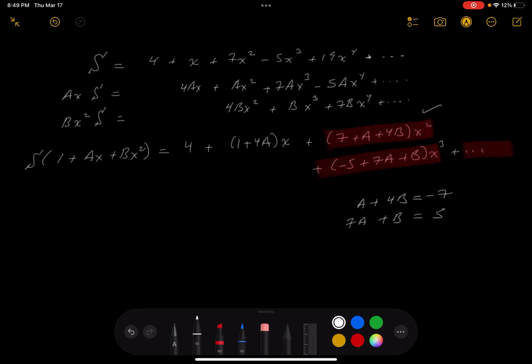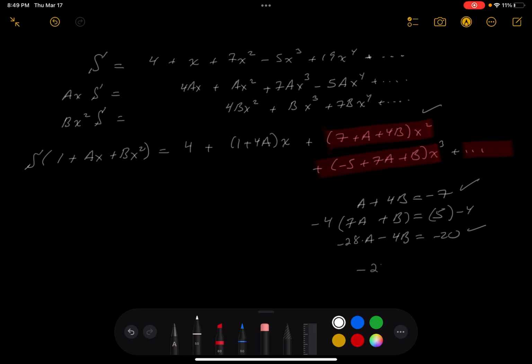And I'm going to multiply the second equation by minus 4. There's a point to that. You're going to get minus 28A minus 4B equals minus 20. I'm going to take these two and add them together, and I'm hoping it's going to be easy for me. That's minus 28. All right? Let's add those two together. What do you get?